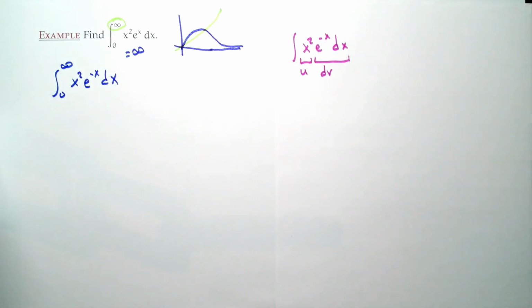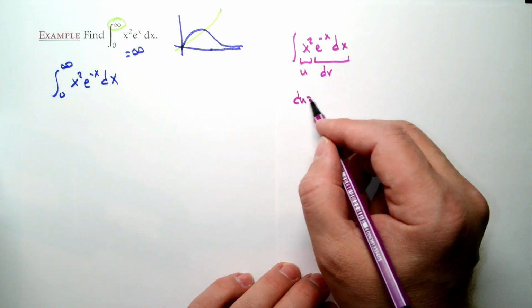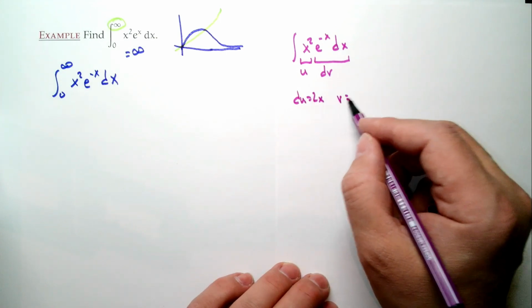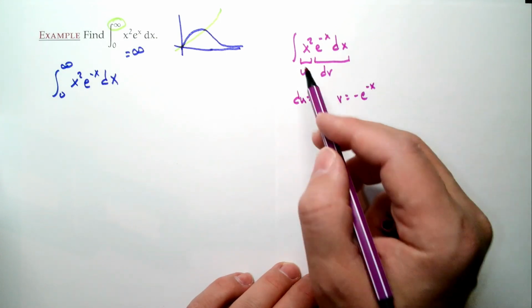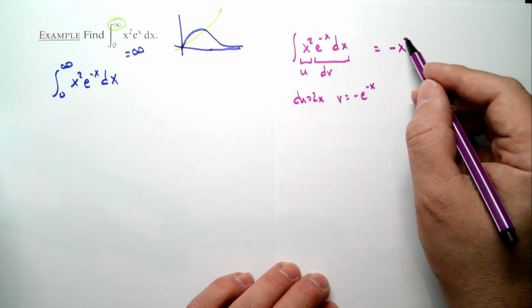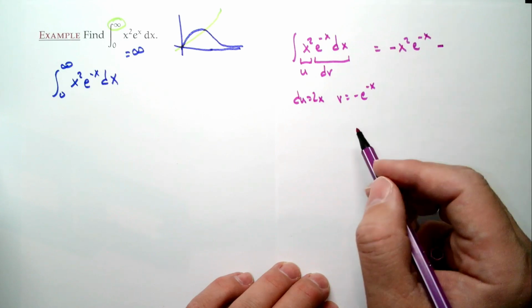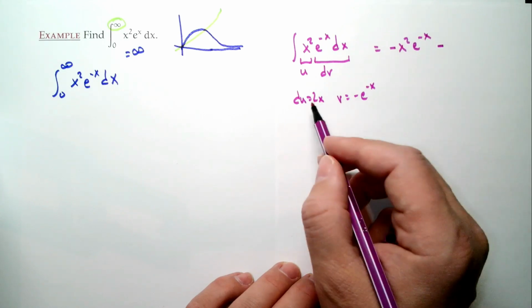So if you have something which doesn't change either under differentiation or integration, what should you do with the other part? Okay, so we should hurry because we have so many more examples to do. du is 2x, v is minus e to the minus x, so you have u times v, so that's minus x squared e to the minus x, then minus the integral of v times du.